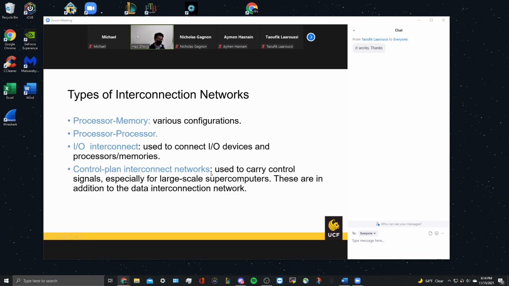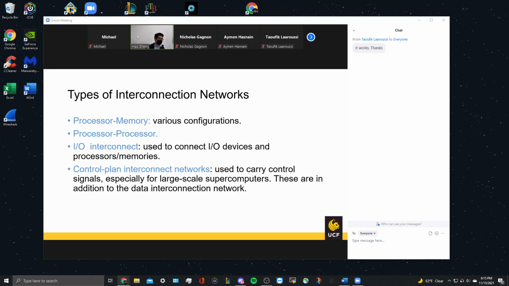And control plane interconnect networks are used to carry control signals, especially for large-scale supercomputers, in addition to the data interconnection network. Sometimes they separate the interconnection network for different purposes. We implement a dedicated interconnection network for data, and we implement a dedicated interconnection network for control. Why?